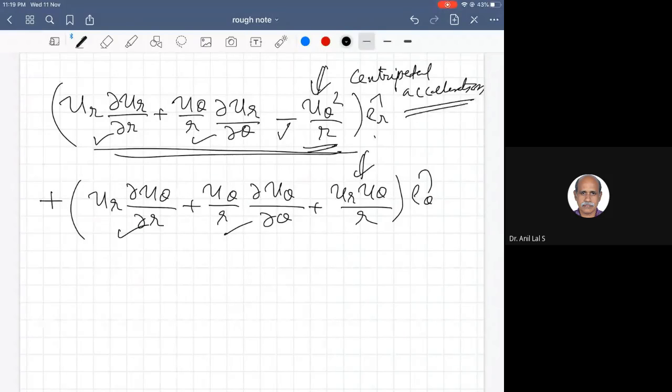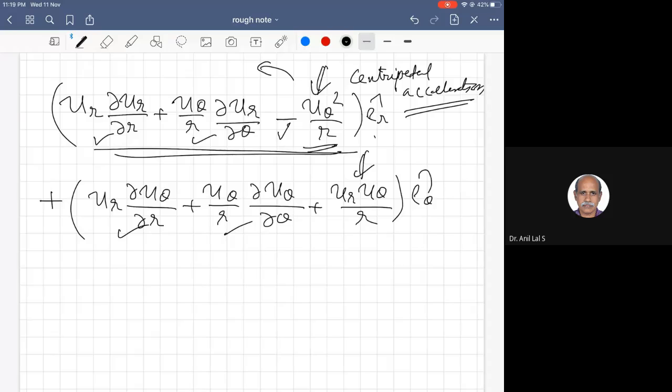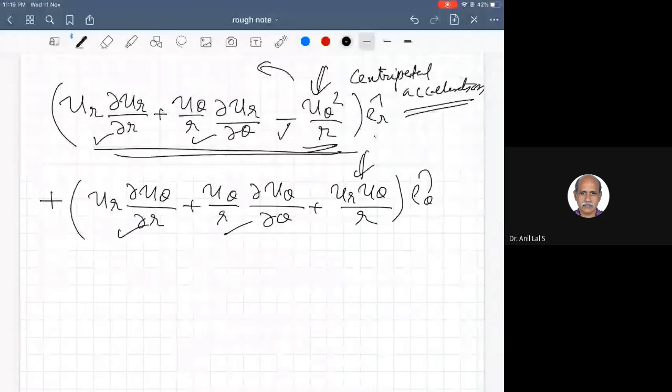This centripetal acceleration is something which we experience when some particle is rotating in the tangential direction with a velocity u theta, that is tangential velocity, that experiences a radially inward acceleration, that is called centripetal acceleration. So basically that physical acceleration is hidden in the mathematical simplification. It comes out because of the differentiation or the variation of the radial and tangential unit vectors in the theta direction.